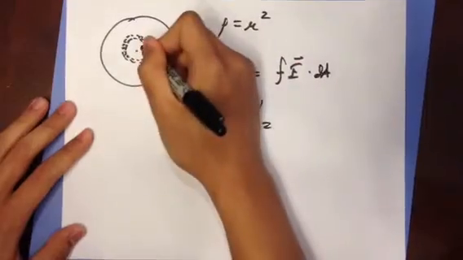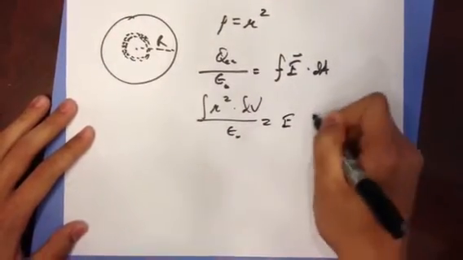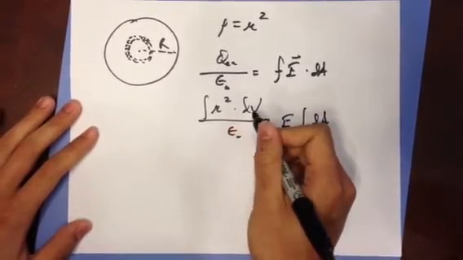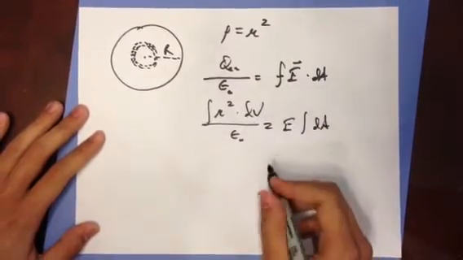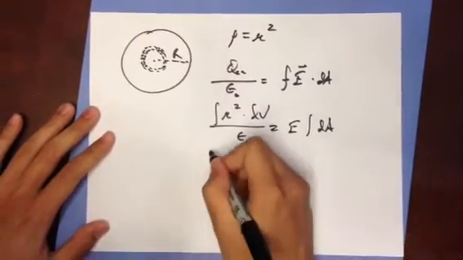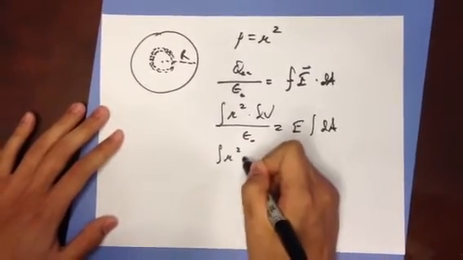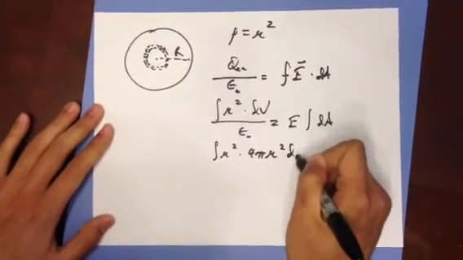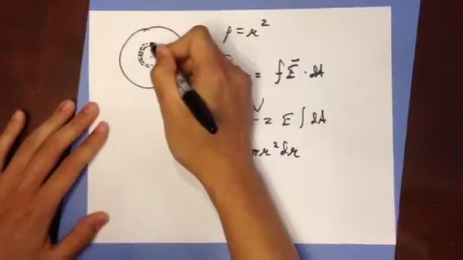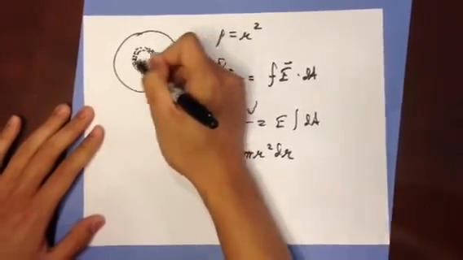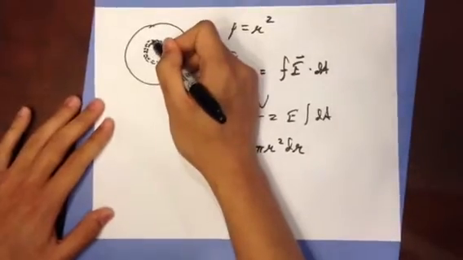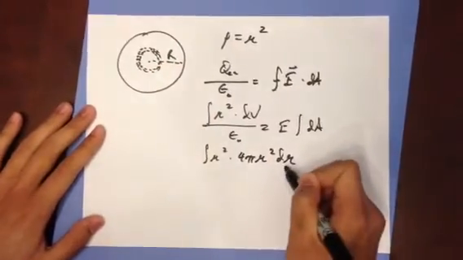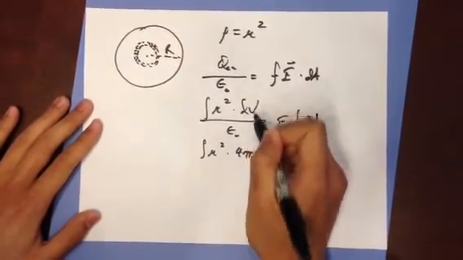Since we know that the electric field is going to be constant, we can take that out, and this is just dA. So we can convert dV into r's by simply subbing in 4 pi r squared dr. This works because when we have a very, very thin layer of the sphere like this, that's basically the surface area times the tiny bit dr, that thickness right here, and that is going to equal dV.